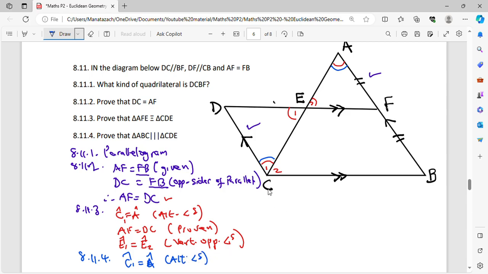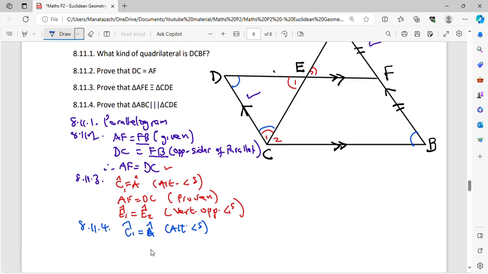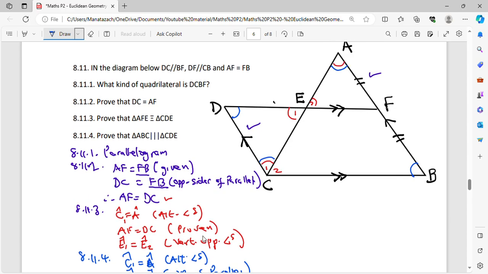And then what else can we point out? We can say angle D is equal to angle B. The reason, opposing angles of a parallelogram are equal. And then we just need one more condition to prove similarity.